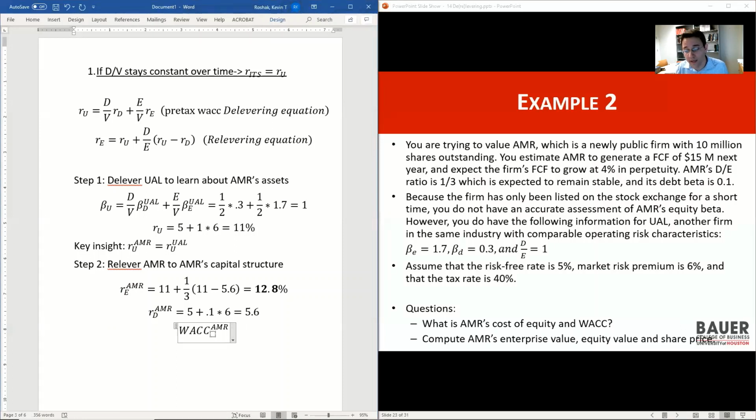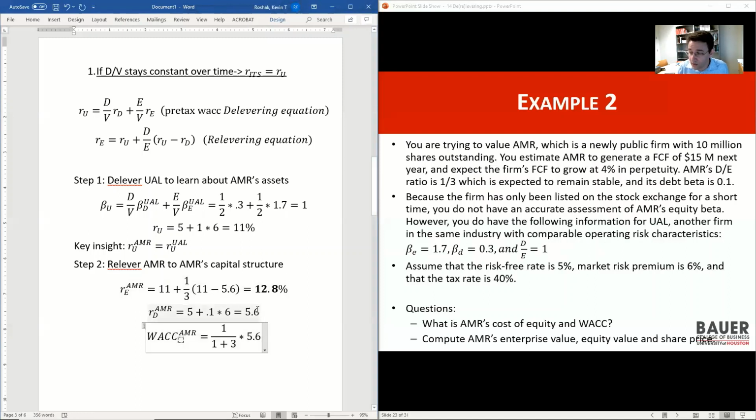So what is AMR's WACC? If they have a debt to equity ratio of 1/3, then their debt to value is 1/4. Right? If it's 1 part debt for 3 parts equity, then it's 1/4 debt. The discount rate on their debt is 5.6%. We just figured that out up here.